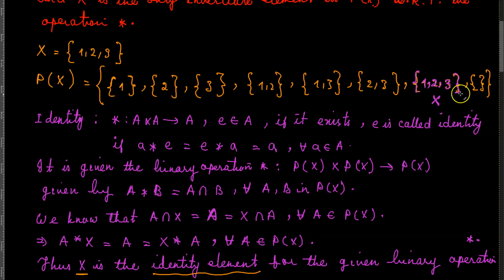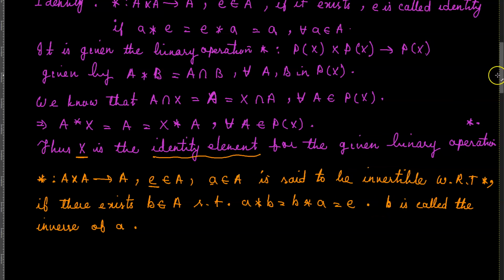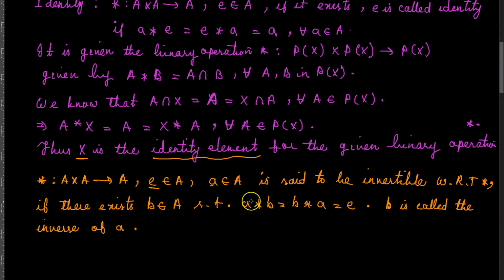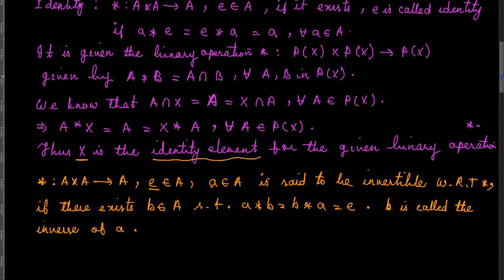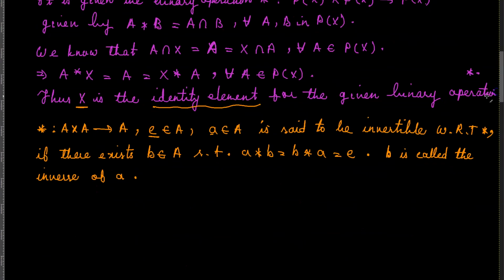So basically the only element that you can find in here that you can take the star of with another element, in such a way that a star b is equal to b star a is equal to e, meaning that if you take the intersection of, for example, this set with another set, you are going to need to get the same set, because here we are saying that a star b is equal to b star a is equal to e, and e in this case is basically the set X itself, right?